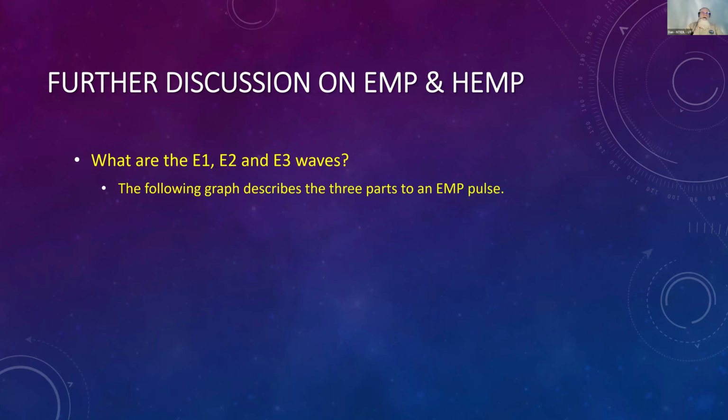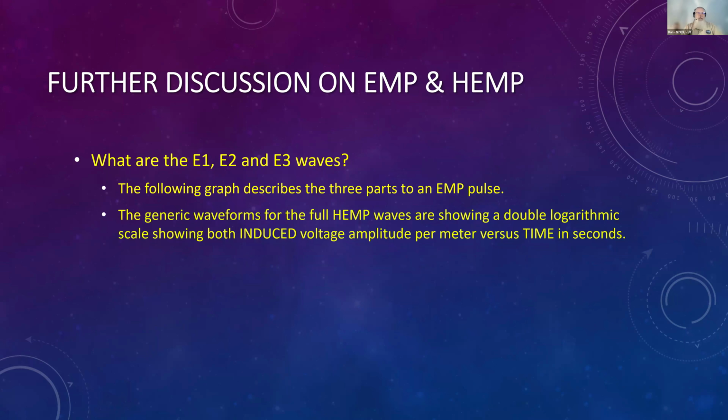Well, I'm going to show a graph that describes the three parts of the EMP pulse, the E1, E2, and E3. And you'll notice that the HEMP waves are on a logarithmic scale showing both induced voltage amplitude per meter versus time in seconds.